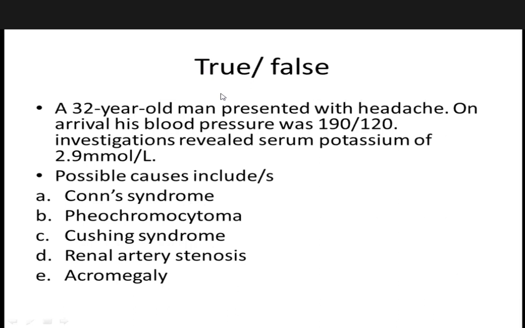In that case, what is the next investigation you have to arrange to arrive at a diagnosis? Short ACTH stimulation test. So what is the value of serum C-peptide levels? Again, you have to read about serum C-peptide level as well, for how to differentiate insulinoma and all that.